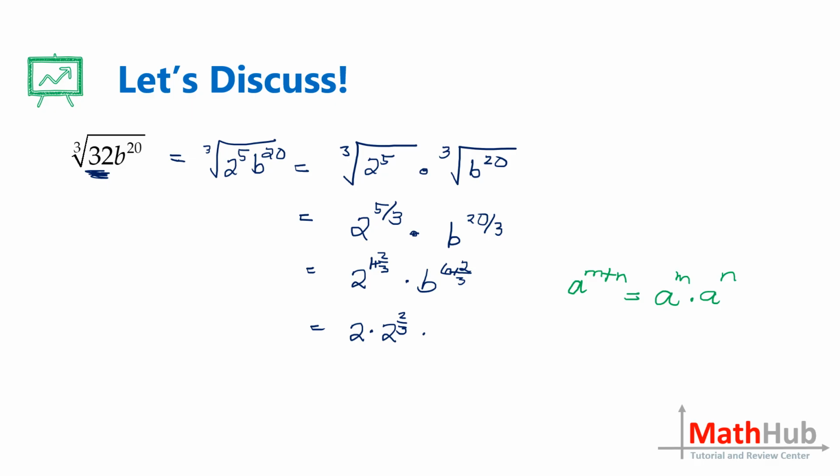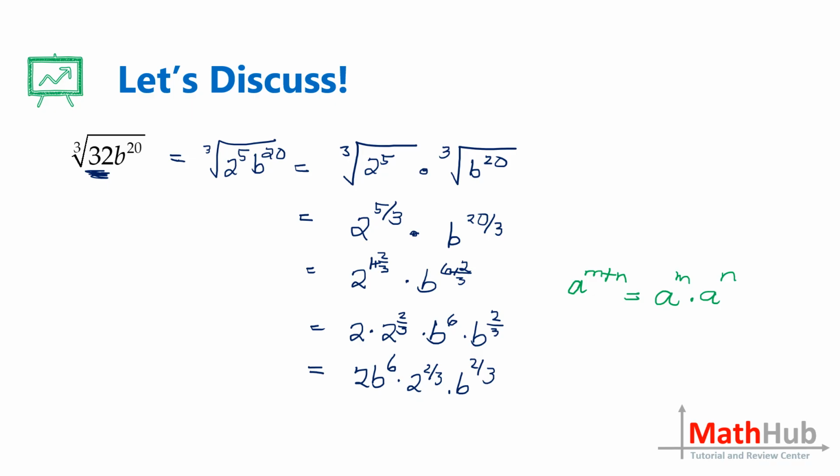And then similarly for your b, we have b raised to 6 times b raised to 2/3. So let's collect everything without the rational exponents. So we have 2b^6 and then times 2 raised to 2/3 b raised to 2/3.